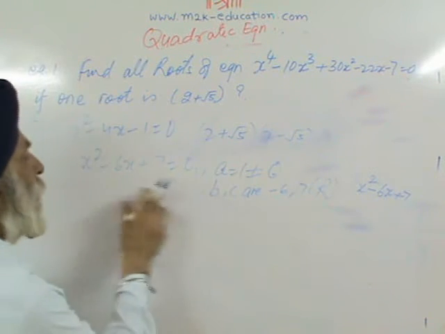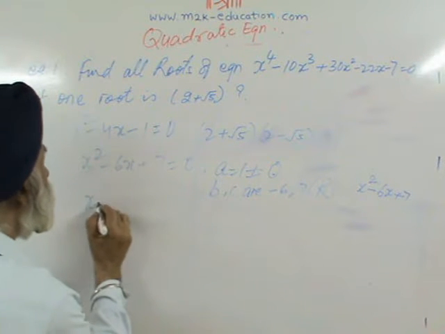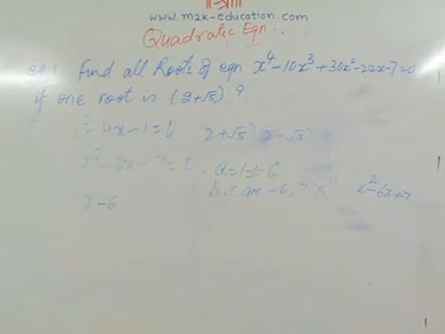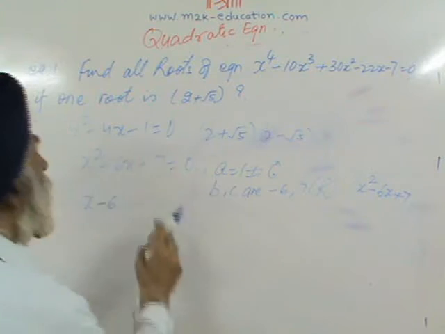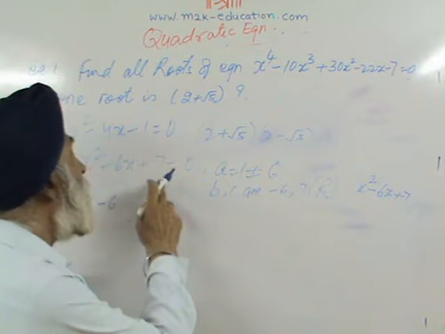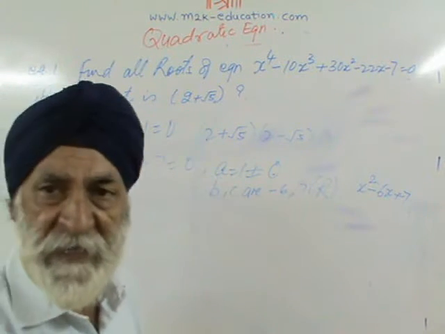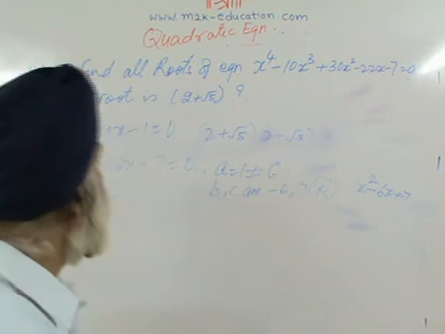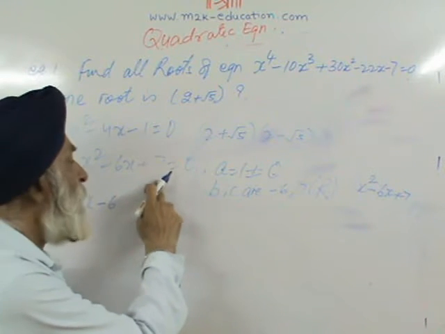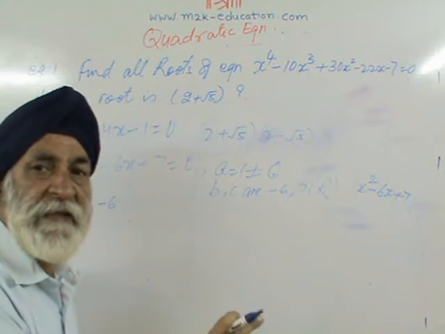Okay? Now we can straight away factorize it also as x minus 6. Now we have to factorize because 7 has got two factors only, 7 and 1. But when the product part is plus 7, then it has to be plus 1 and plus 7 as the factors, or minus 1 and minus 7.